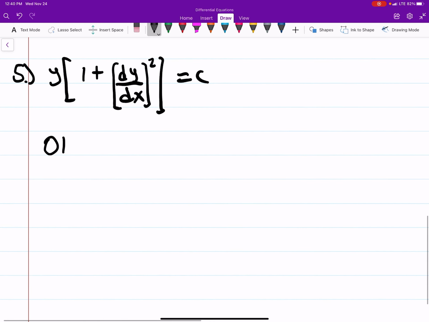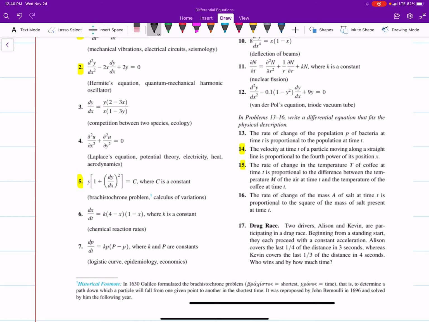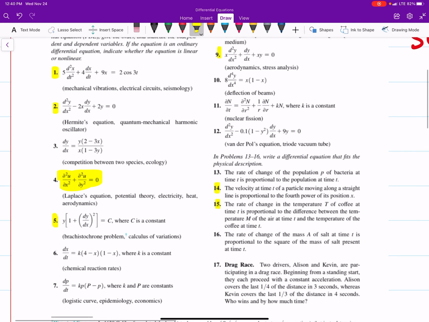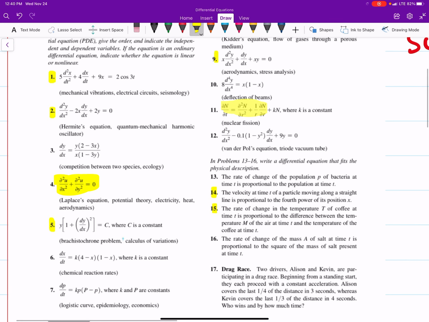ODE, it's a regular derivative. Number 4 right here would be a partial differential equation. I think they have another one right here for nuclear fission. That's a partial differential equation. But this one is an ODE.